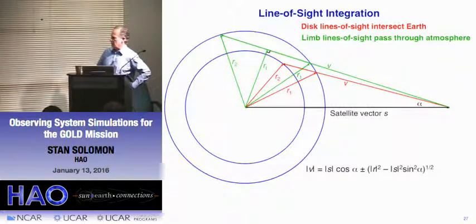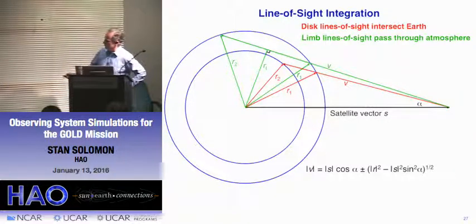That comes out of the trigonometry. You can look it up. It's not the law of cosines I learned in high school, but it's very valuable because with this law, if you know S and you know alpha, you can calculate V. But then, of course, you have this funny plus or minus and this determinant here.